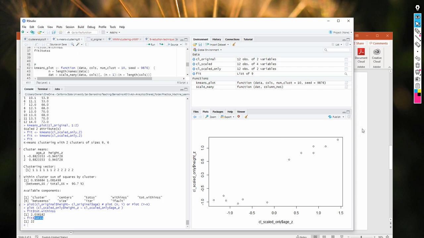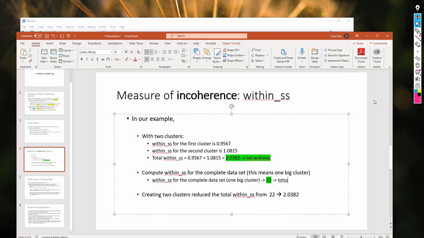So this is the average value for each cluster, this cluster vector, this ratio, this value, and this tot.withinss. Those are the variables that you should know, the meaning of these variables. Okay, so I'm done with the conceptual introduction to k-means clustering. Okay, thank you.